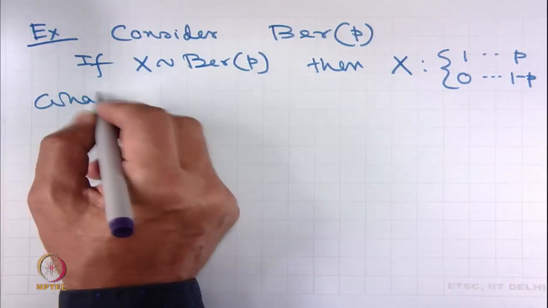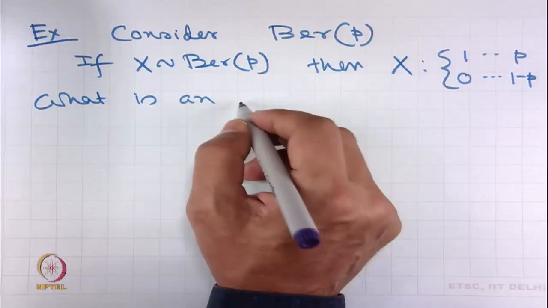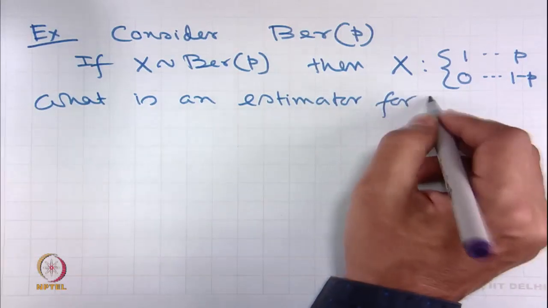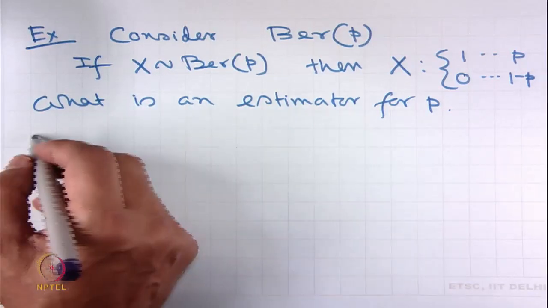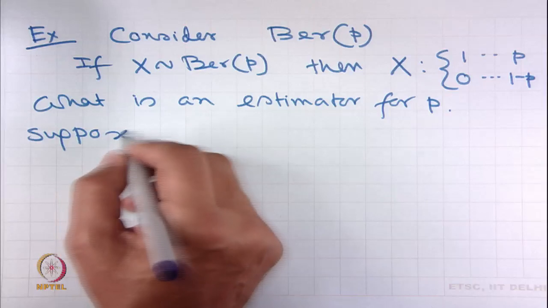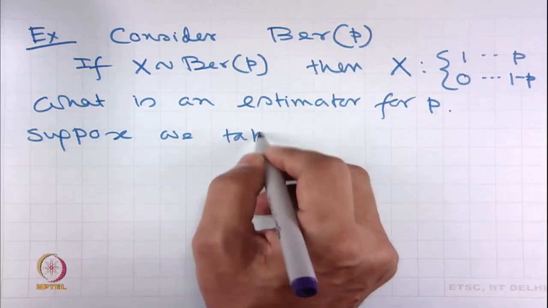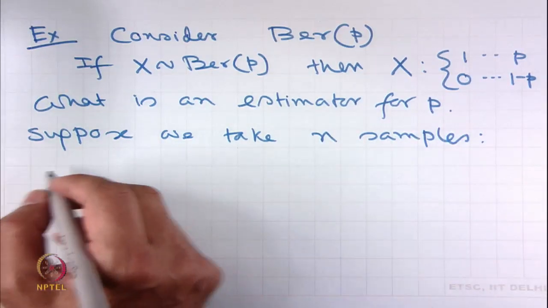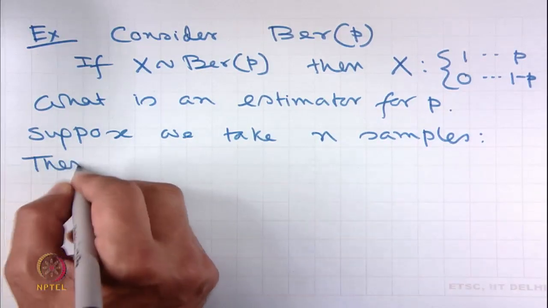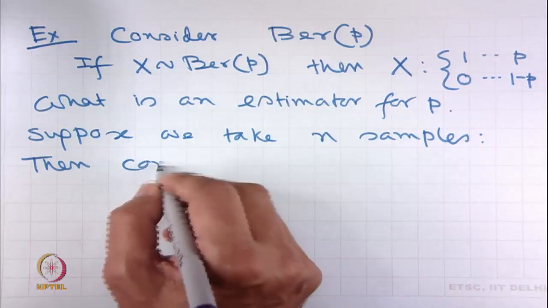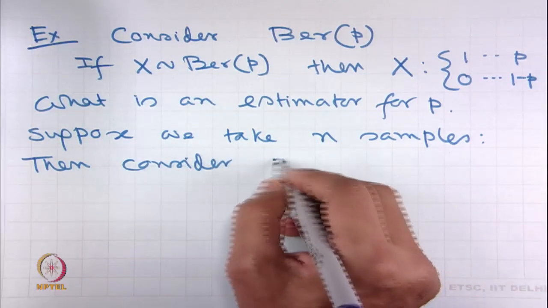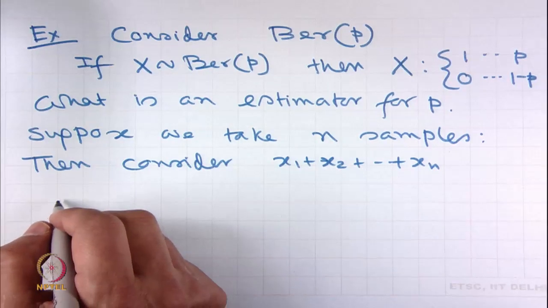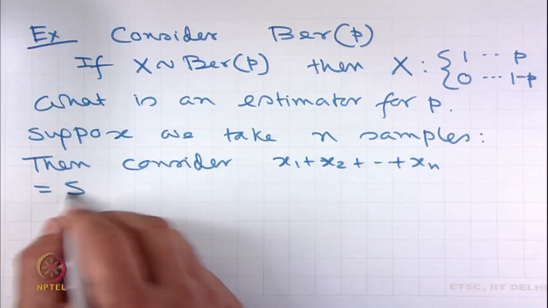What is an estimator for P? Suppose we take n samples, then consider x1 plus x2 plus up to xn, which is the sample sum.